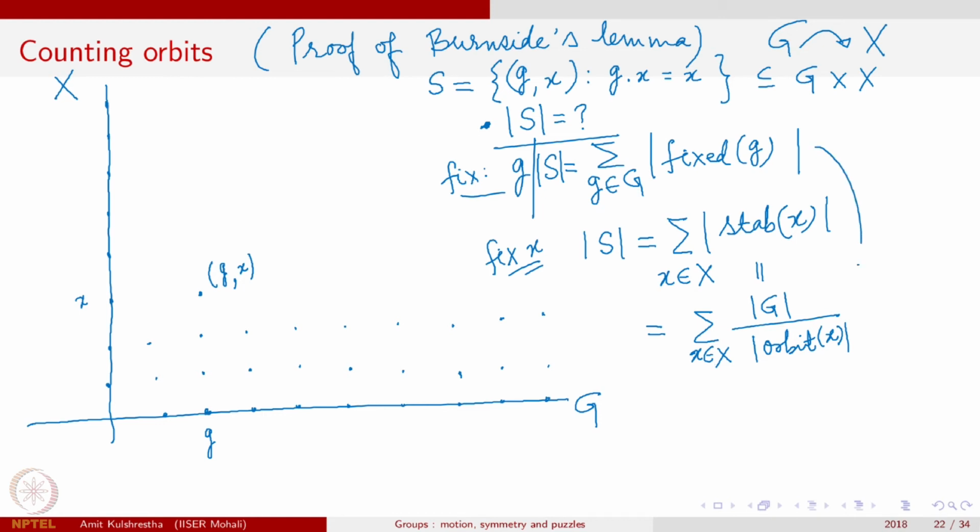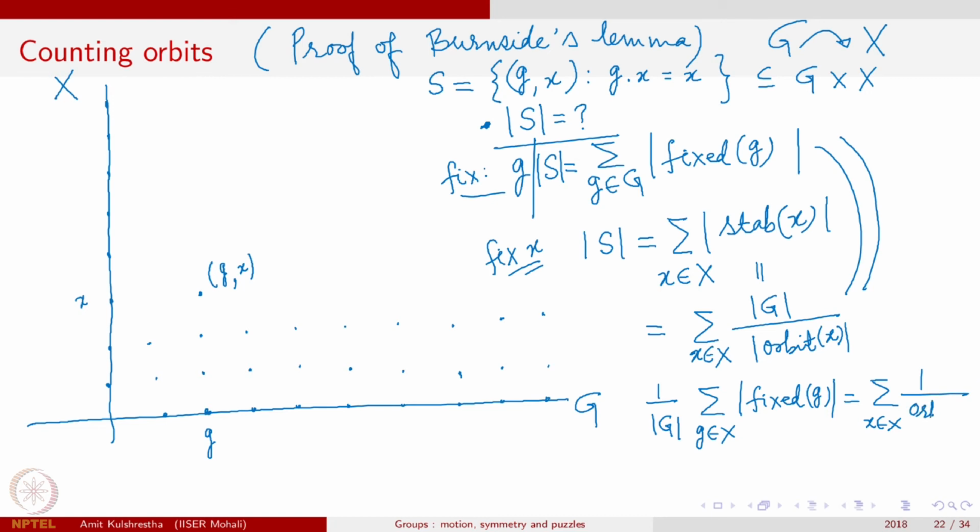So when I equate these two, what do I get? I just take the size of G to the other side and divide. I get that 1 divided by the size of G, times the summation over g in G of the size of the fixed points, is equal to the summation over x in X of 1 divided by the size of the orbit of x.